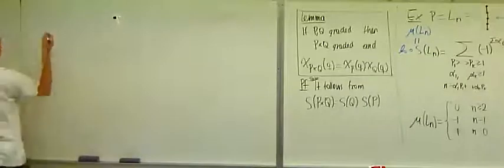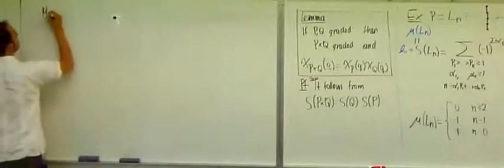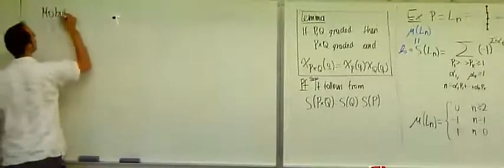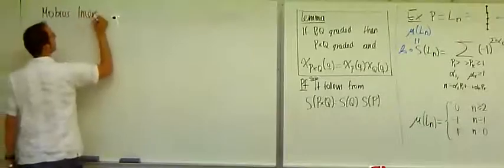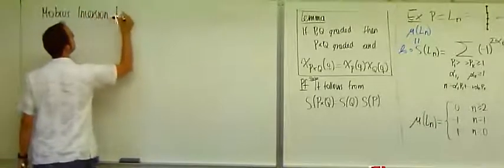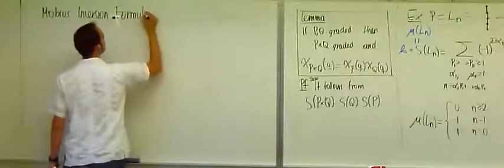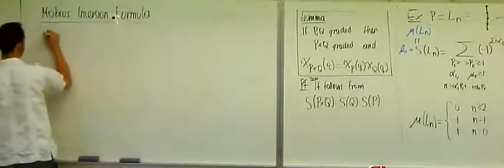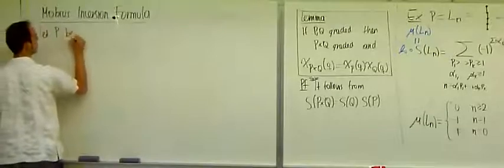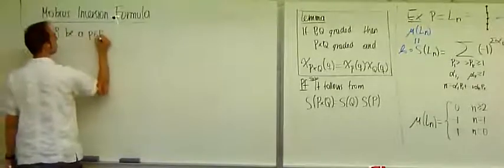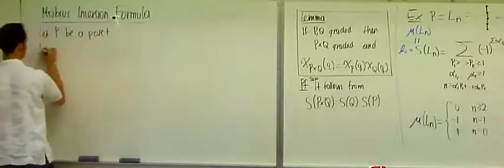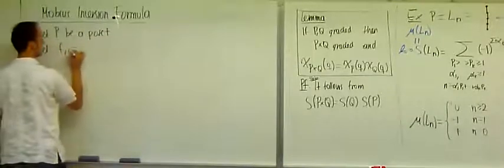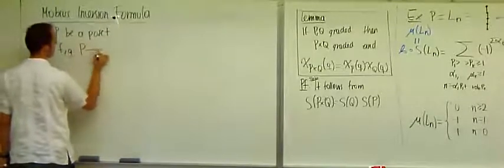Now we'll see why. So, Mobius inversion formula. Let P be a poset, and let f and g be functions from P to somewhere, some field.